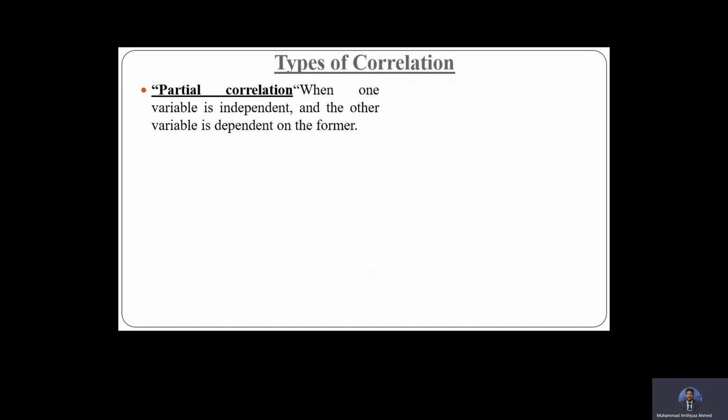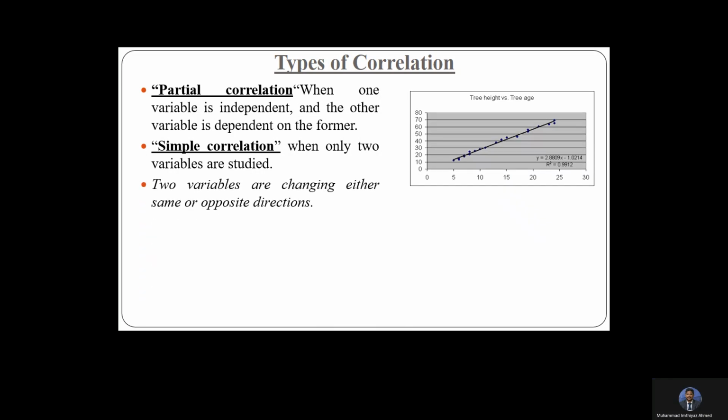Now the next one is partial. When one variable is independent, the other variable is dependent. Okay, one is depending on the other. This is called partial correlation. And simple, when only two variables are studied, you study only two, it is called simple. Now, two variables are changing either same or opposite.